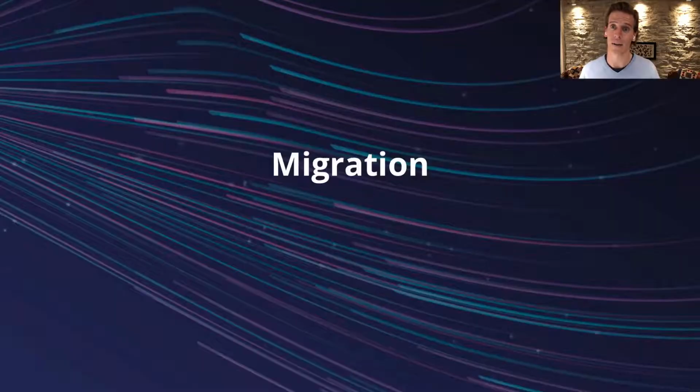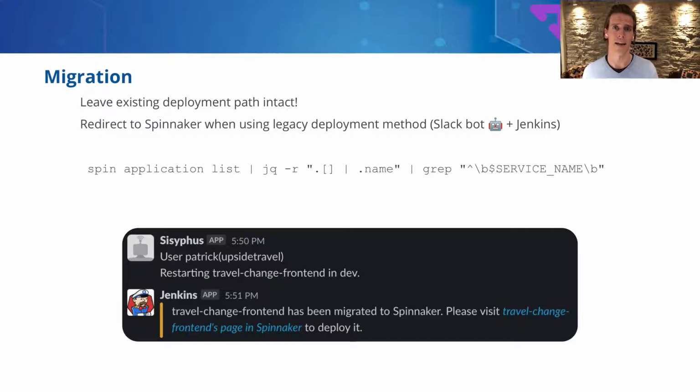Now I'll review how we migrated from our legacy deployment methodology to using Spinnaker. It's important to leave your existing deployment path intact as you migrate your services to Spinnaker. At Upside, we used a Slack bot to call a Jenkins pipeline job to deploy our services to our Kubernetes clusters.